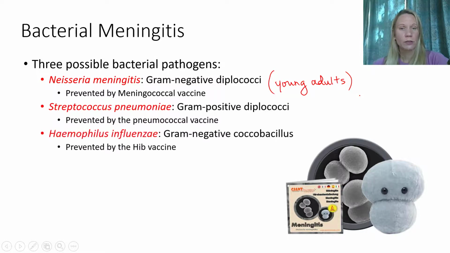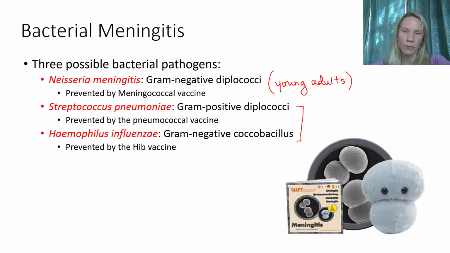Less common, so these two here, the Streptococcus pneumoniae and the Haemophilus influenzae, we talked about both of those in a previous lecture. We talked about their role in pneumonia-like symptoms. Now, these are more commonly seen in children under 5.